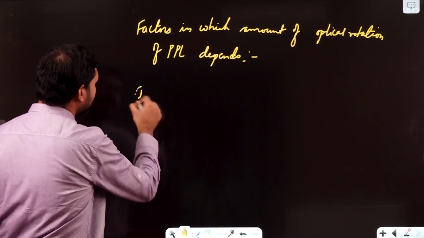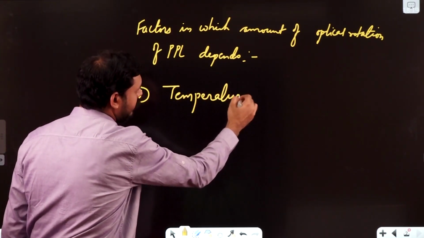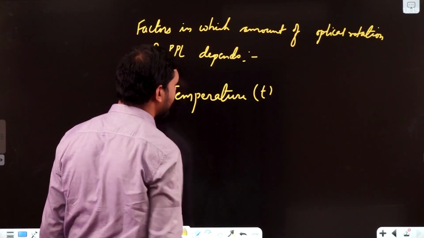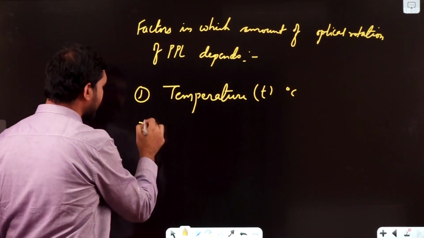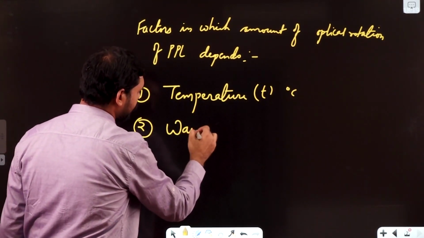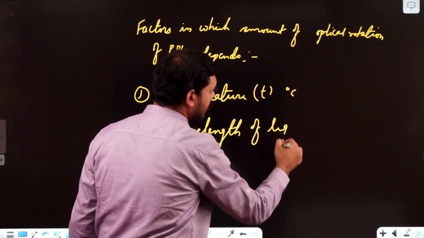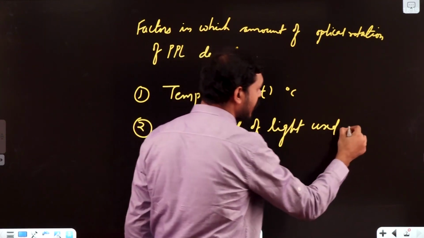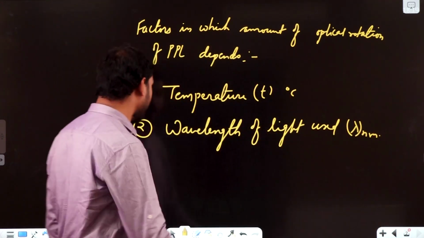So the first thing is temperature, represented by small t in degrees Celsius. Second, the wavelength of light used, so it will also be dependent. Here I say it in lambda nanometer.